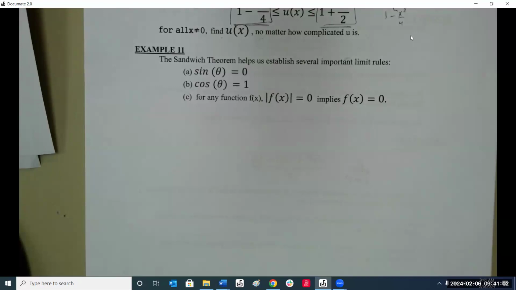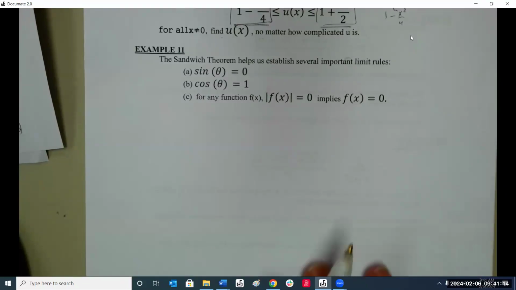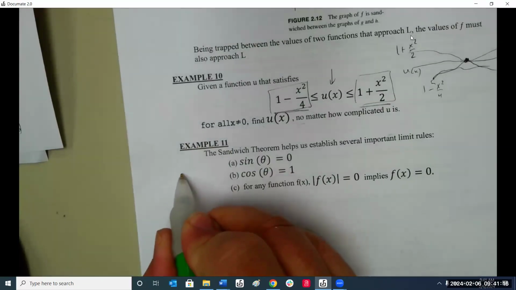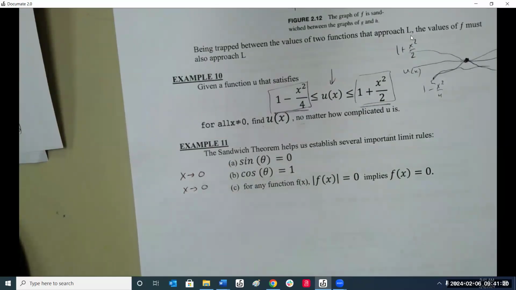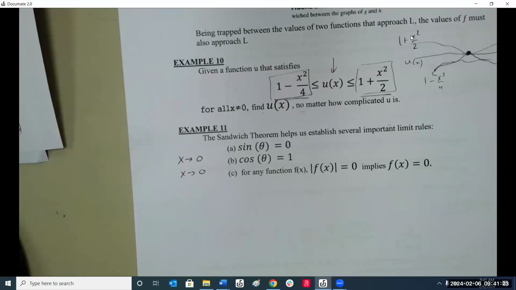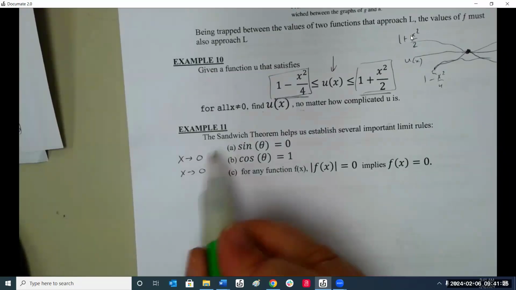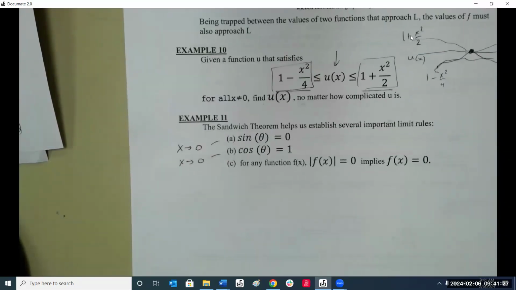Let me see that. That's missing. For some reason these didn't print out. For these two, the limits as x approaches 0.